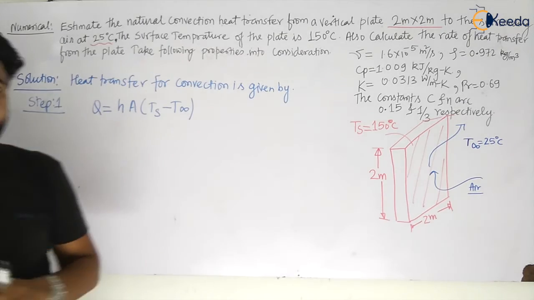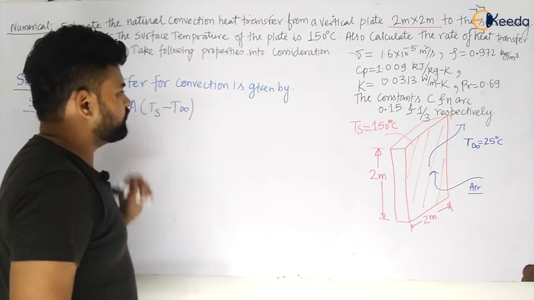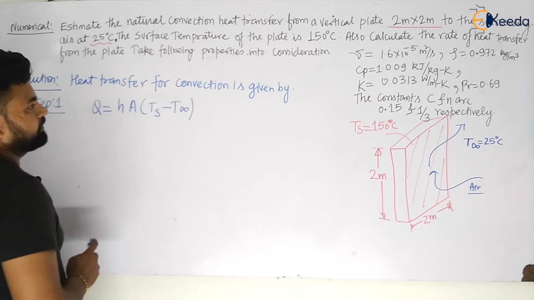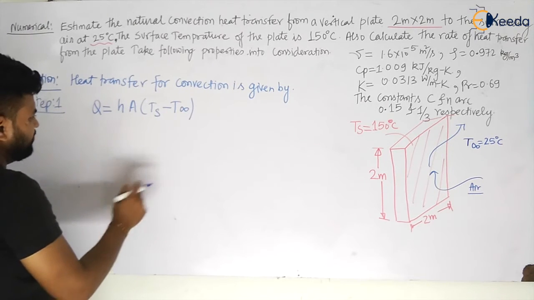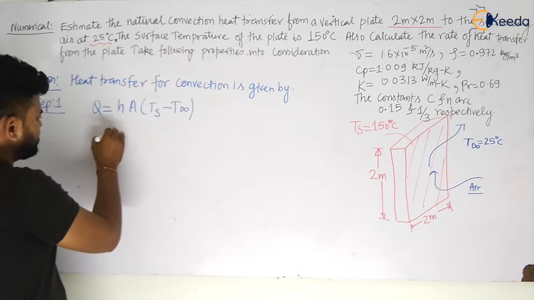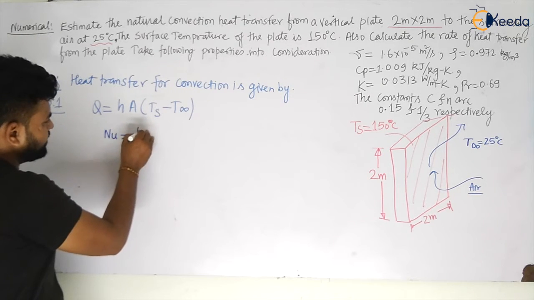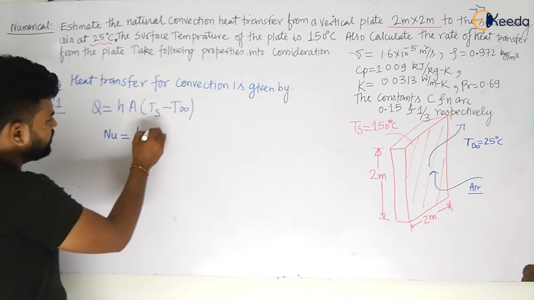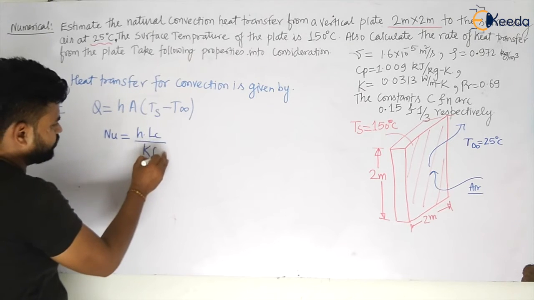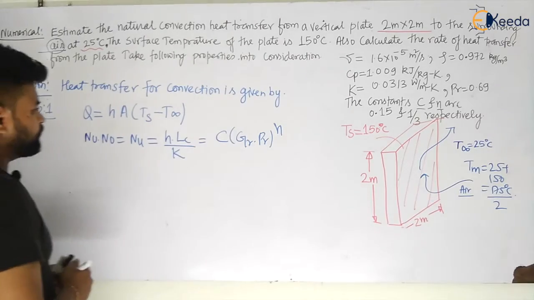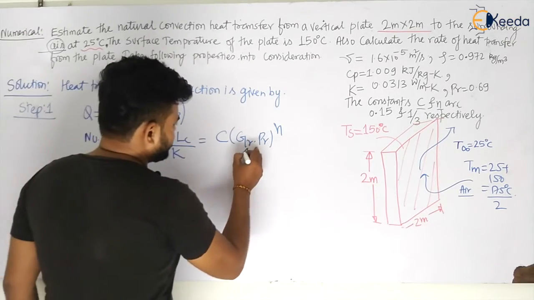So let us see. When the heat transfer coefficient is not given, you have to calculate it, and we know that Nusselt number is nothing but equal to heat transfer coefficient multiplied by characteristic length Lc, divided by k of fluid, conductivity of fluid. So we have to calculate Gr, my dear students, that is your Grashof number.